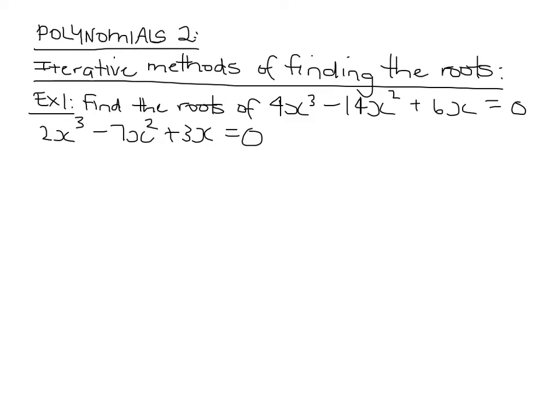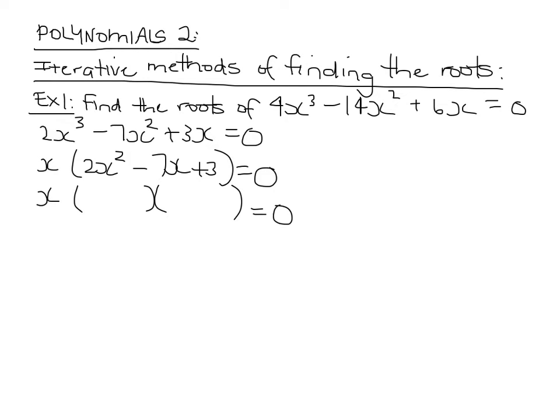And then I take a common factor. And in this case, the common factor is going to be x outside of 2x squared minus 7x plus 3. And then I factorise, probably by the cross method in there. So it's x outside of 2x and x, 3 and 1, minus and minus.